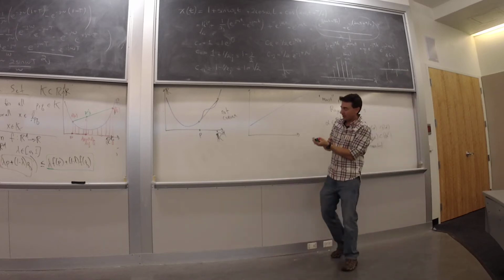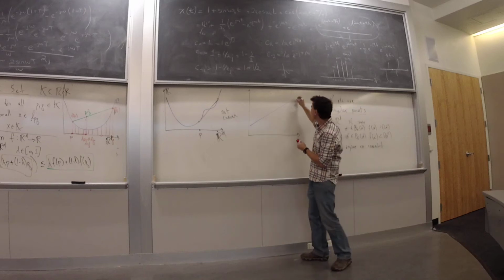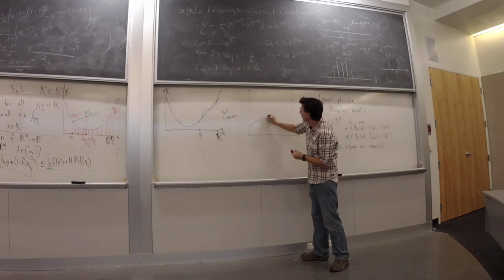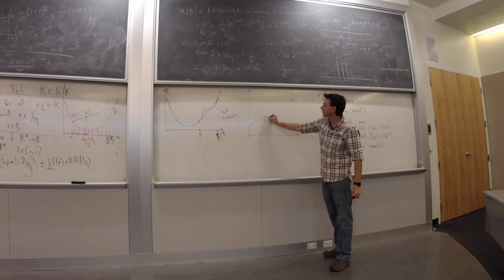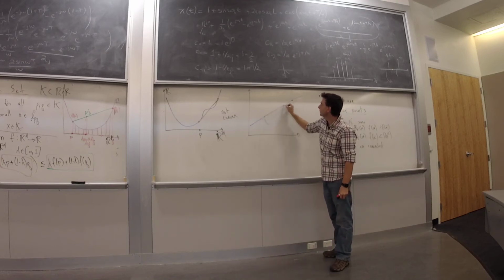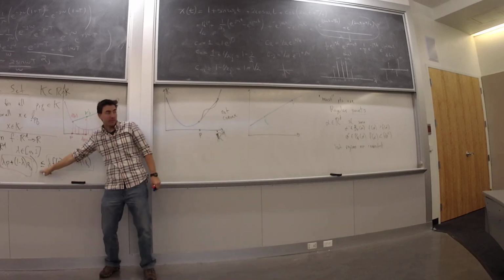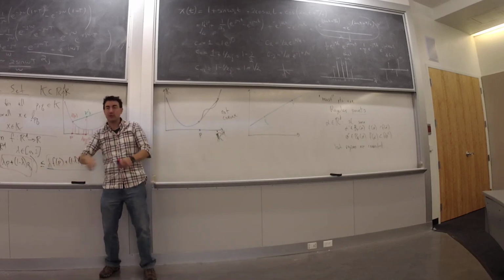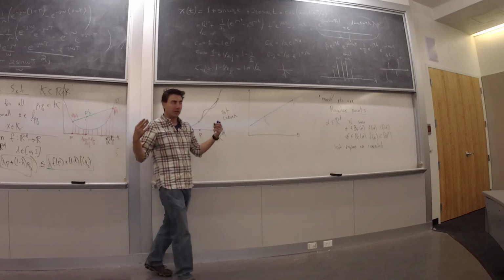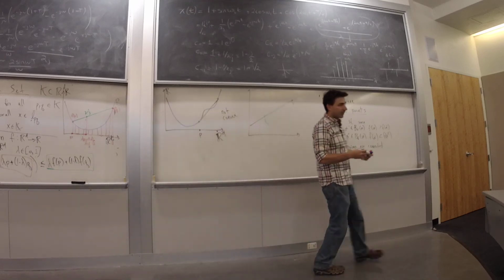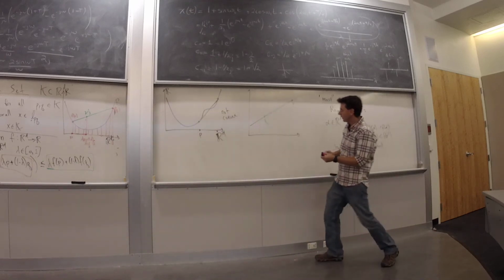Pick 2 points, P and Q. For any 2 points, the line segment between them, well, it's less than or equal. It turns out it's the same. So linear functions are convex functions. Okay, good.